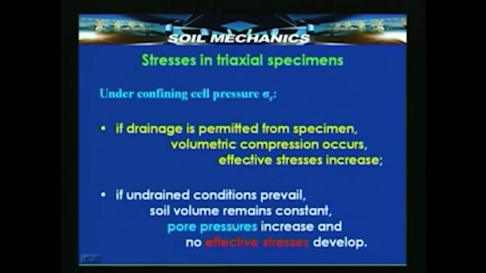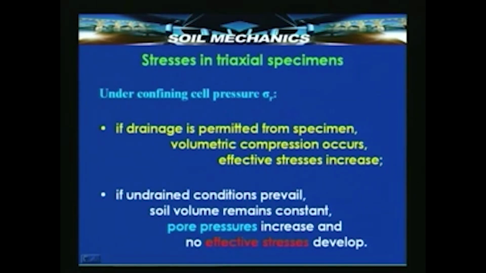Now, this stress condition inside the specimen, which is basically sigma r and sigma a, depends on the drainage conditions. If drainage is permitted from the specimen, then as the water expels out, a volumetric compression takes place in the specimen, and therefore effective stresses develop in the specimen.